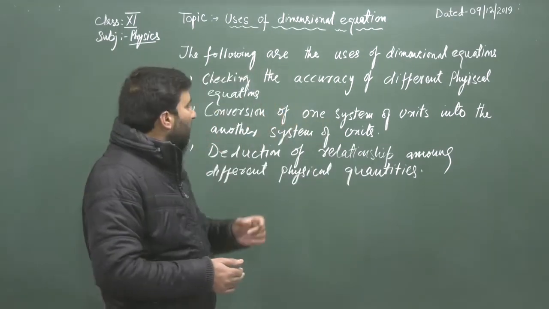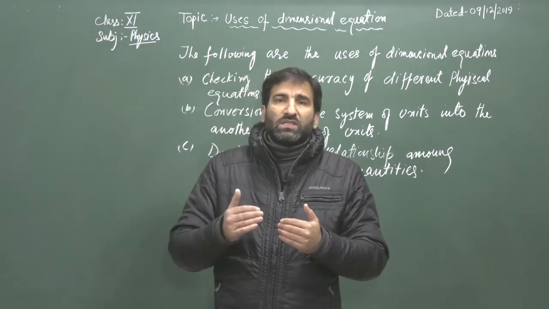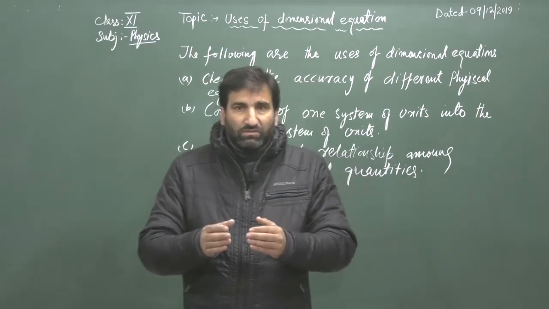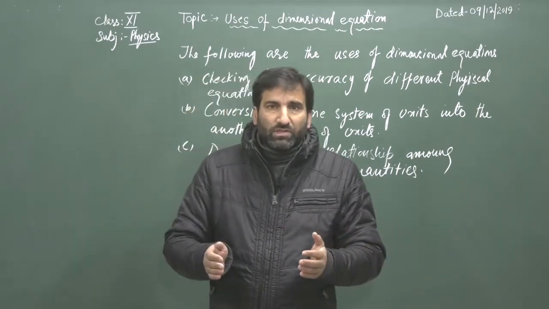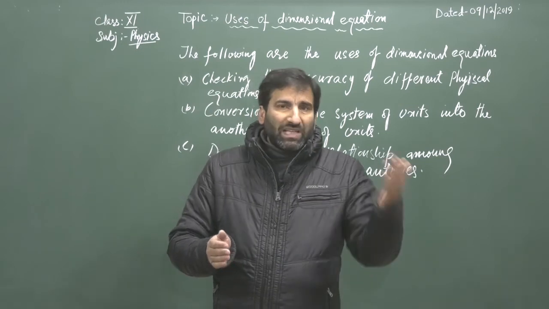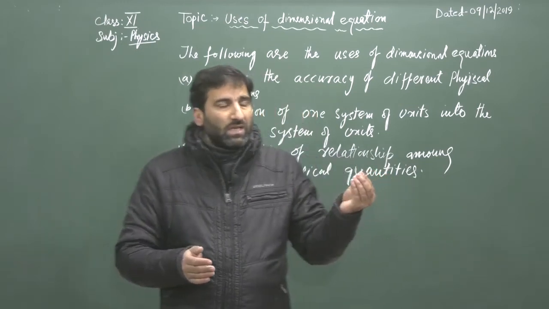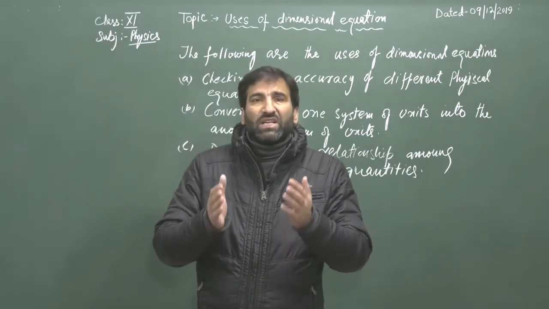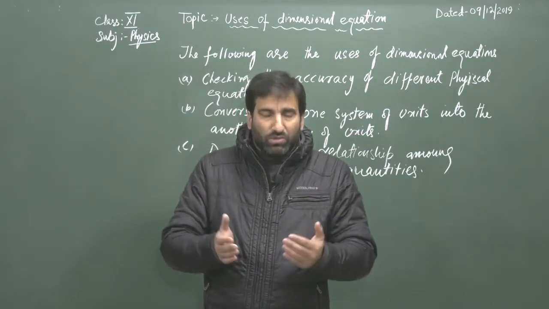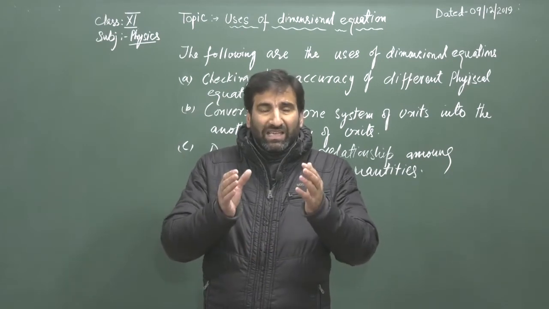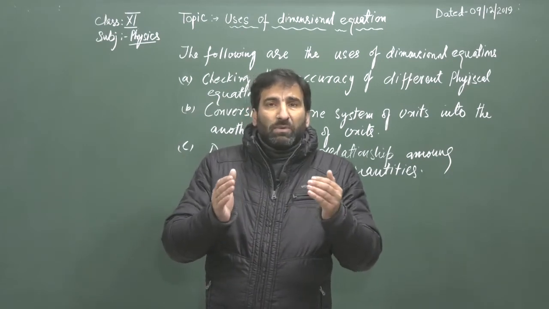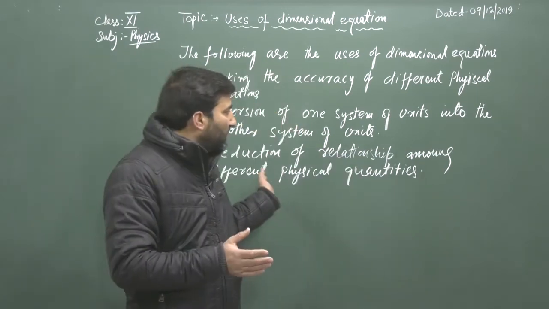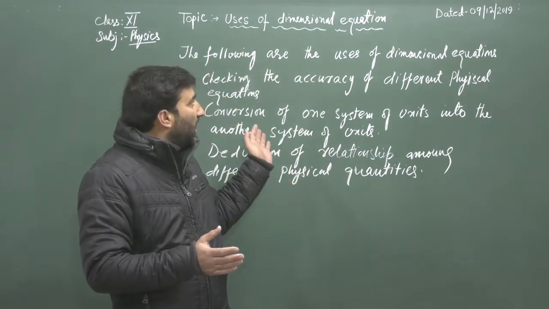Second use is conversion of one system of units to another system of units by using dimensional analysis. Third use is deduction of relationships among different physical quantities. We can derive a relationship among different physical quantities, and this is another use of dimensional analysis.